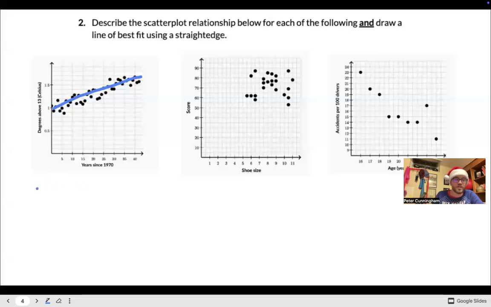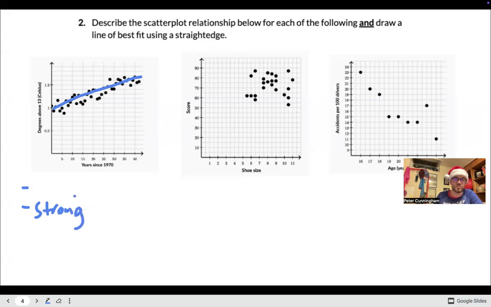But the two things it's asking here, it's on your paper anyway, it asks, is it positive or negative? And is it moderate, weak, or strong? Okay, if the dots are really close to the line, if you can draw a line that's really close, then that means it's a strong relationship.